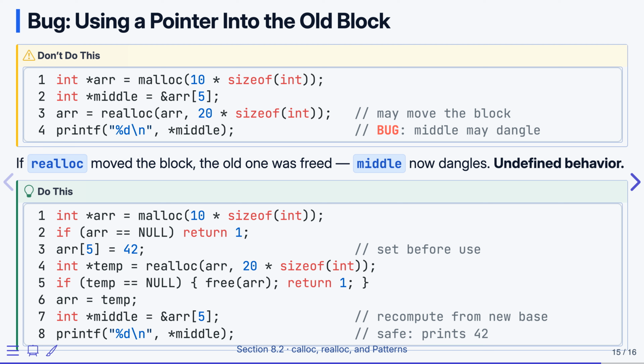It is now dangling, and reading star middle is undefined behavior. The fix is to recompute any derived pointers after every realloc. So after r equals temp, you would set middle equals ampersand r of 5 again, computed from the new r. The rule is simple. After realloc, treat every old pointer into the block as invalid.